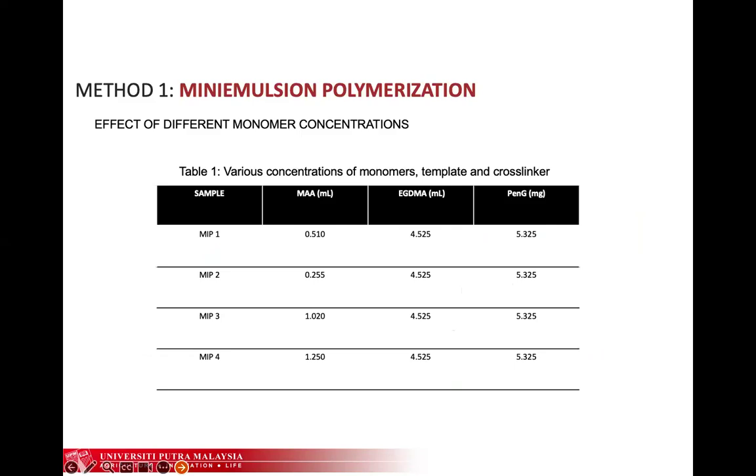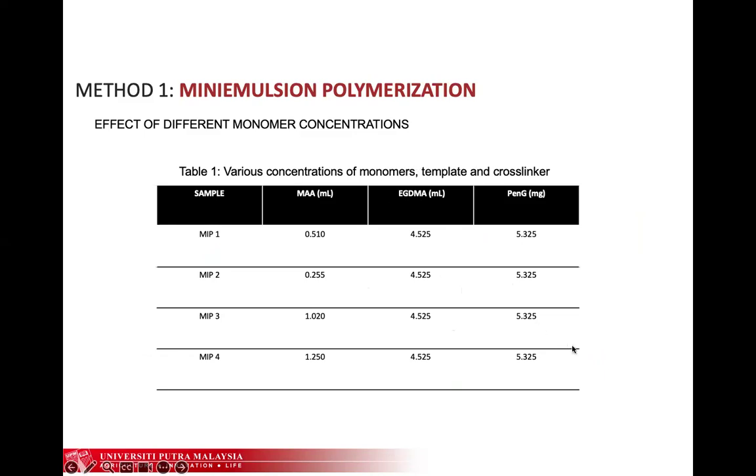Okay, you can see from here, one of the most important is to study the ratio. When preparing imprinted polymer, we have to study the best ratio of monomer, template, which is the Pen G in this case, and the crosslinker.